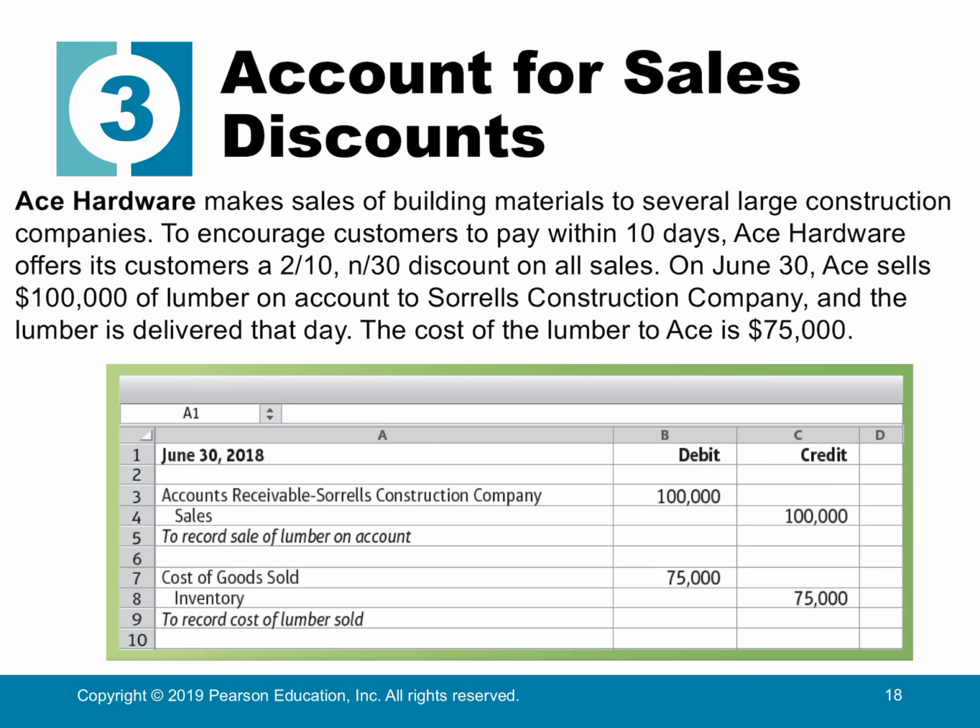The cost of the lumber to Ace is $75,000. So this is bought on account, so accounts receivable $100,000, sales revenue $100,000. Okay, that's the sale of lumber on account. Next transaction, the cost of the lumber to Ace was $75,000, so cost of goods sold $75,000, and reducing your inventory by $75,000.